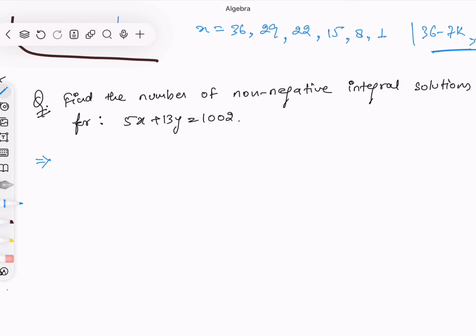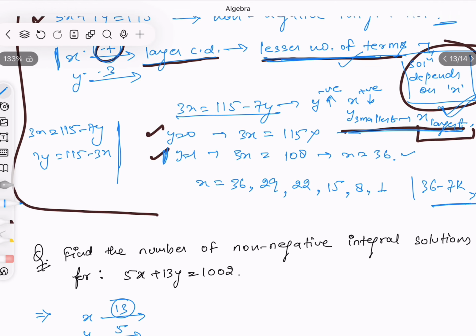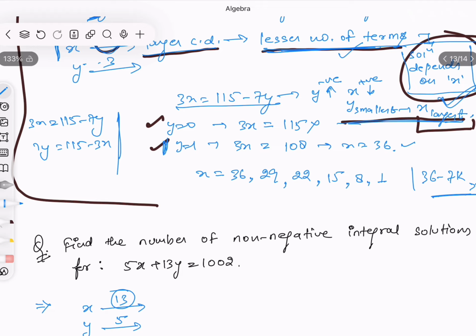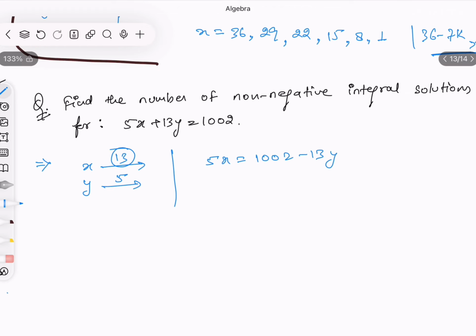I'm solving it now. For x, y is having 13. For y, x is having 5. So this is largest. That means larger common difference, lesser number of terms. That means the solution will depend on that. So we will write the equation like this, if the solution depends on that. Okay. Let's put y equals 0. So this would be 5x equals 1002 minus 0.